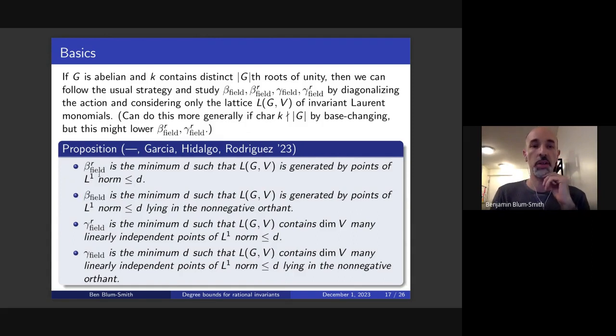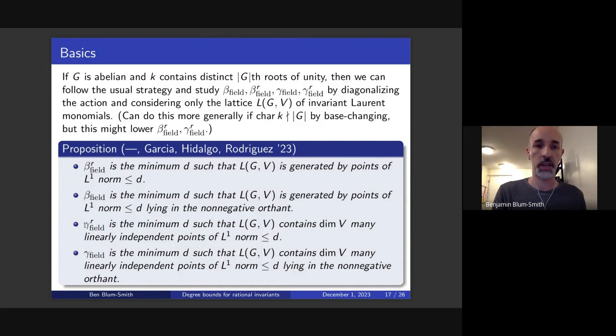And similarly, if we allow ourselves rational generators, then we just have to look at the whole L1 ball of radius d. Let d be big enough so that that ball contains a set of lattice generators. And then for transcendence bases, we just need a full set of generators for a full rank sublattice.